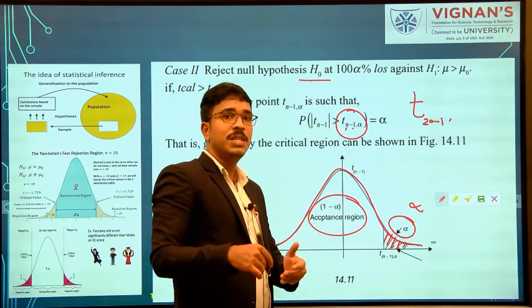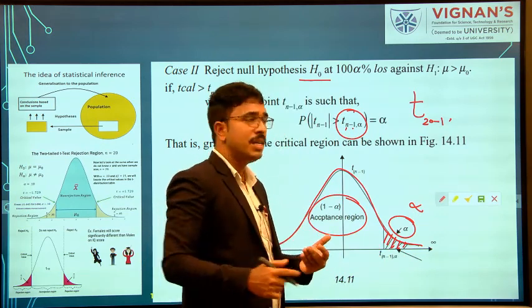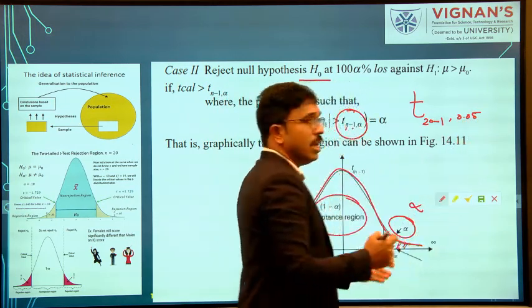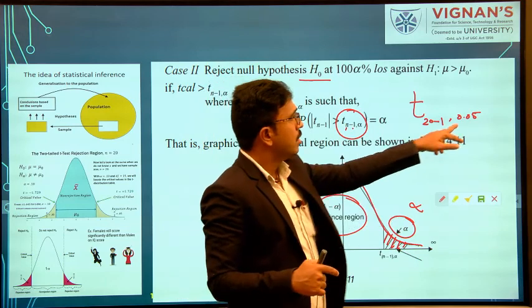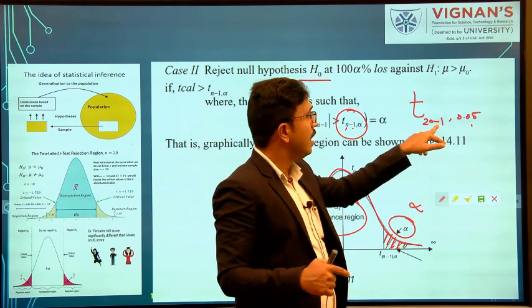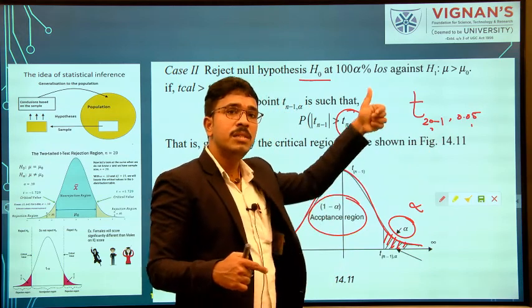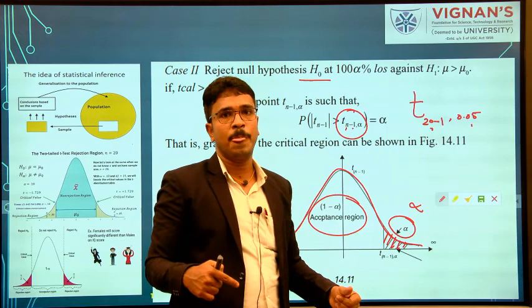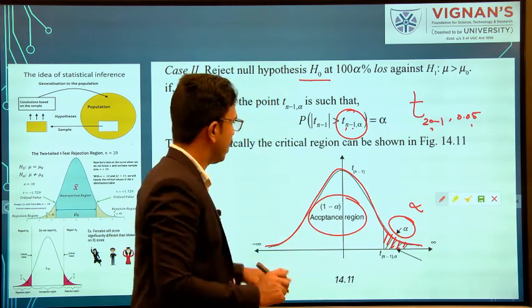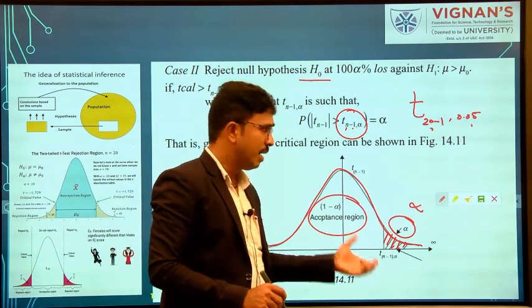If the level of significance is 5%, what is the alpha value? 5 divided by 100, it becomes 0.05. So in the table, at this level of significance, 0.05, and at this degrees of freedom, you have to get the t table value. I will show you in one of the examples. So this is about the right tail.